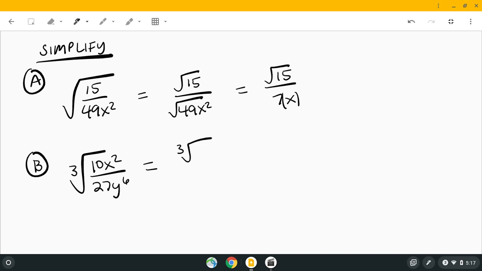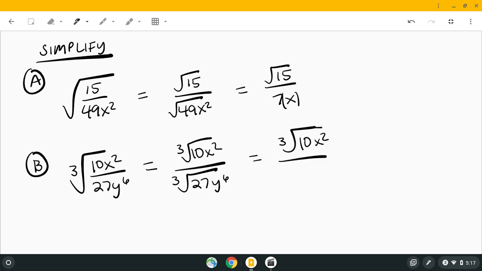But if I split them up, I can simplify that denominator. Okay, so I will keep this. Can't do anything there. But down here, the cube root of 27 is 3. And over here, what's being cubed? Y squared to make 6, right? Okay, so y squared.